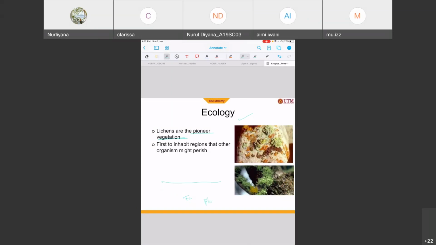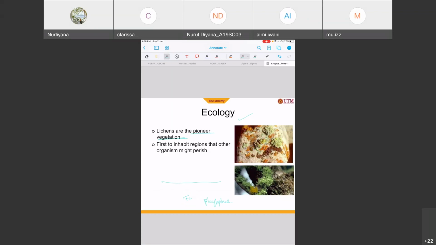First producer is phytoplankton. In our normal ecology on earth, lichen can be one of the pioneer vegetation, so the first to inhabit, so that the other organisms can use them to grow.